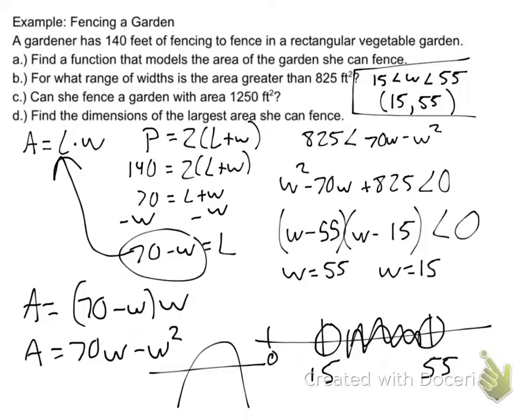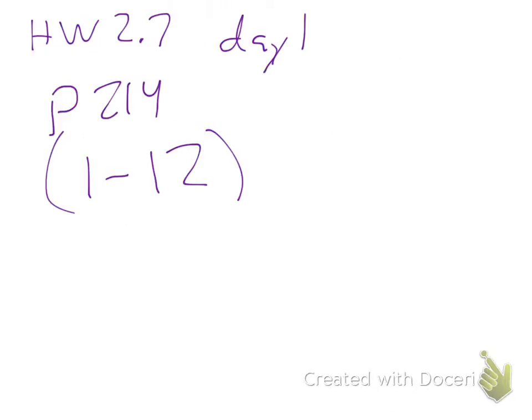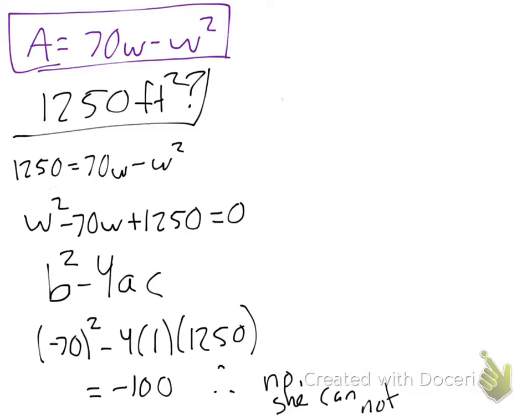But the quickest way to find the maximum of a quadratic in standard form is x equals negative b over 2a.